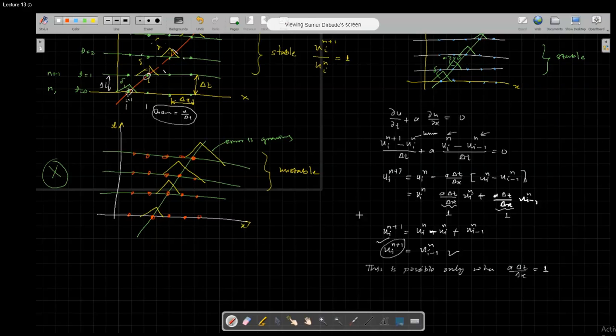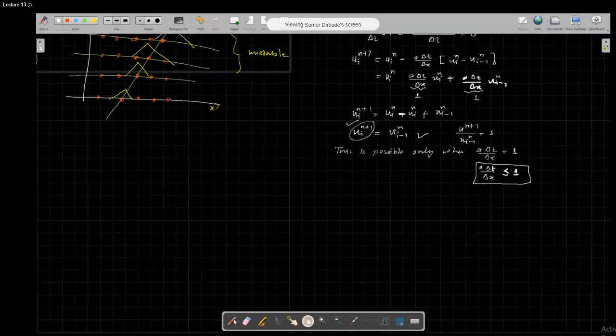Also, for a damping case, the ratio of ui n plus 1 and ui minus 1 n will become 1. Now, if I want this ratio less than 1, not more than 1, then I can say that a delta t over delta x should be less than or equal to 1. So this is a more general condition, and this condition is called the Courant-Friedrichs-Lewy condition, CFL.